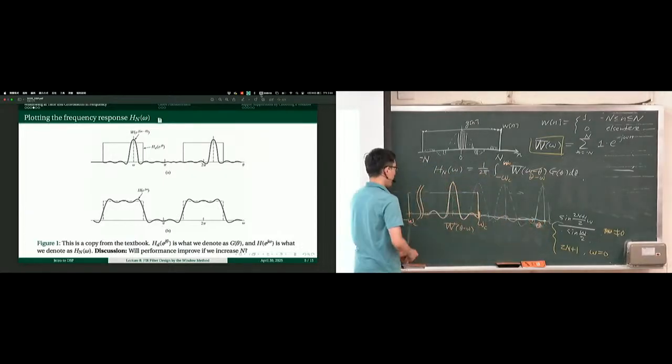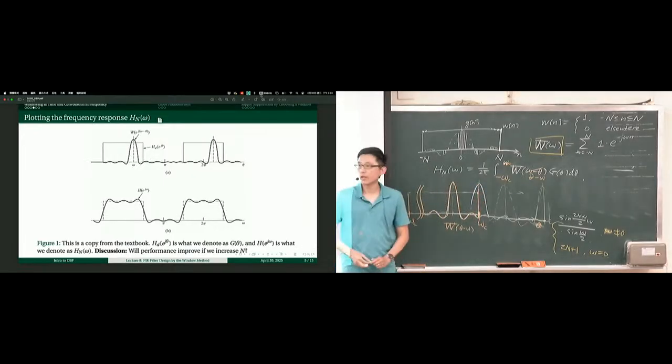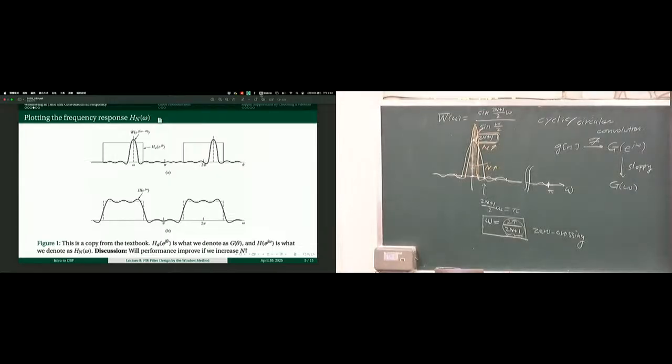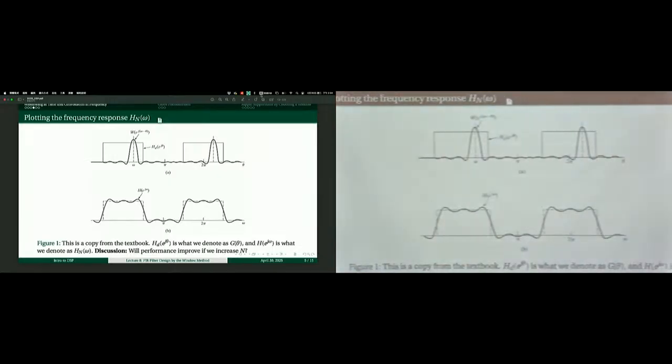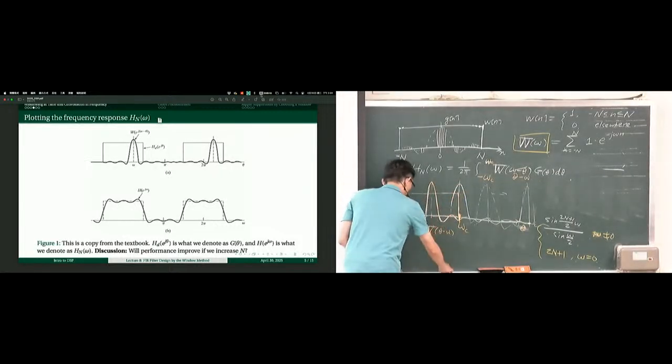And this will be an interesting case. When omega is exactly the cutoff frequency, what happens? The area is 1/2 of the total area. Can we agree? That gives us this point, which is exactly 1/2, because we are looking at only half of the response right here.